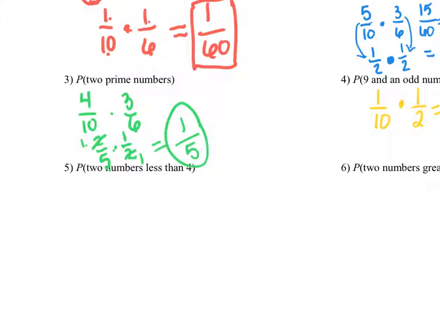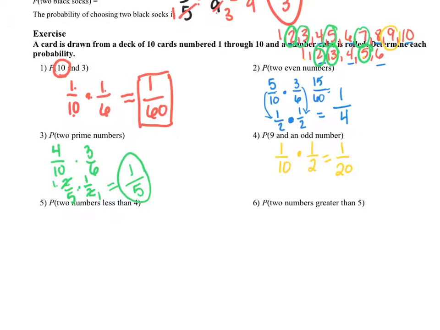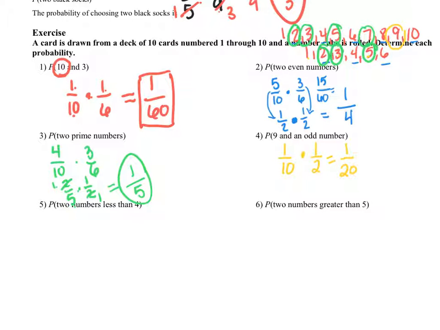Probability of 2 numbers less than 4. Okay. I'm going to go where I can see my numbers. 2 numbers less than 4. So what numbers are less than 4? Does less than 4 include 4? No. If it's less than 4, it does not include it. So we would be 3, 2, 1. So that's 3 out of 10, okay?